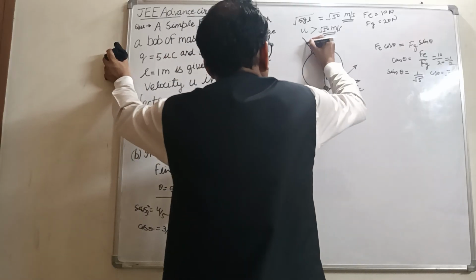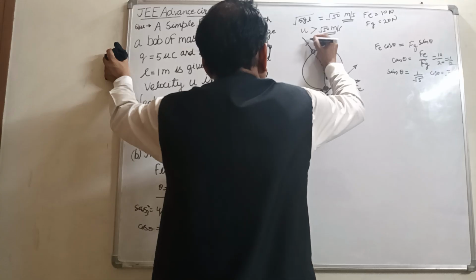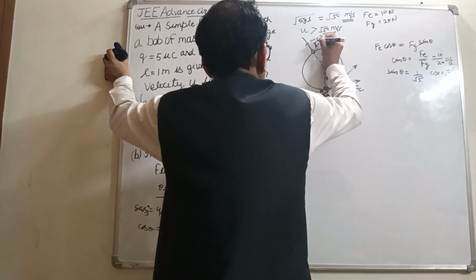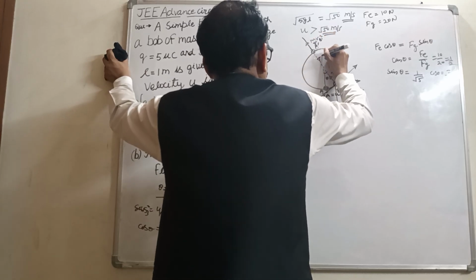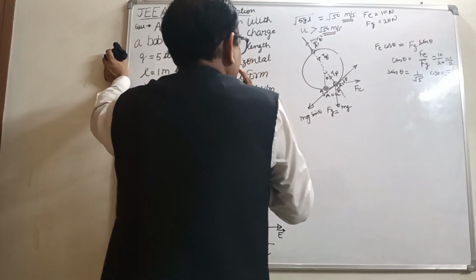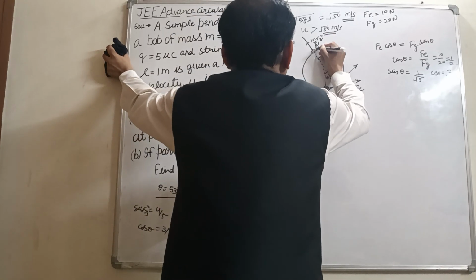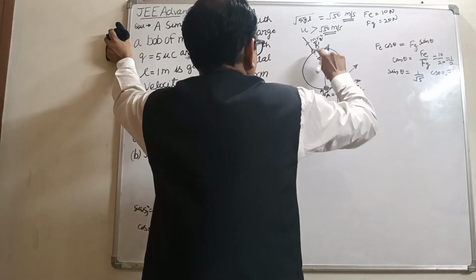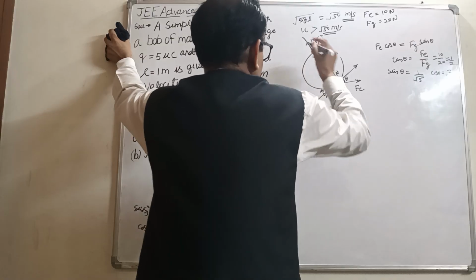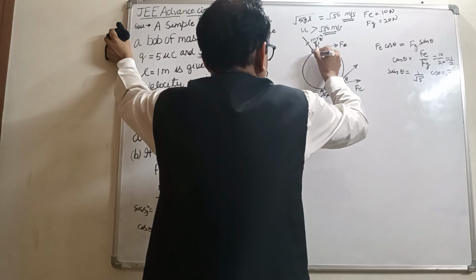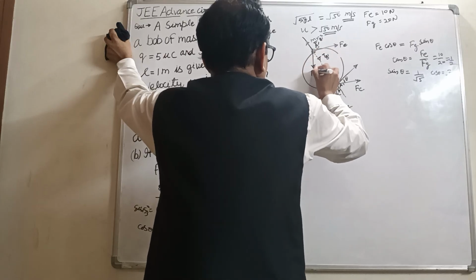In that scenario, the centrifugal force would be mv dash square upon r. This is the centrifugal force, this is the tension T at B dash. Suppose this is v dash, and this is mv dash square upon r, and the electrostatic force is acting, and here the gravitational force is acting.